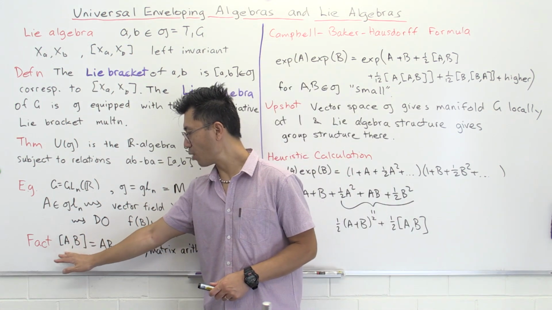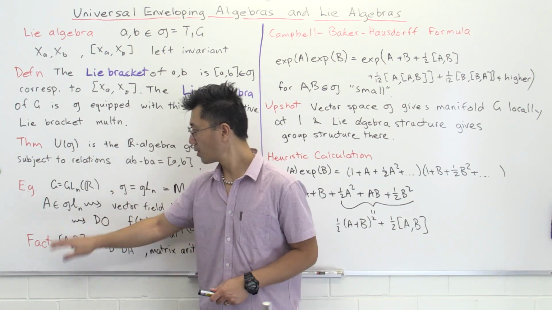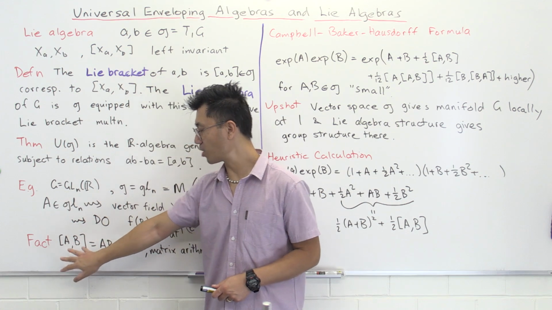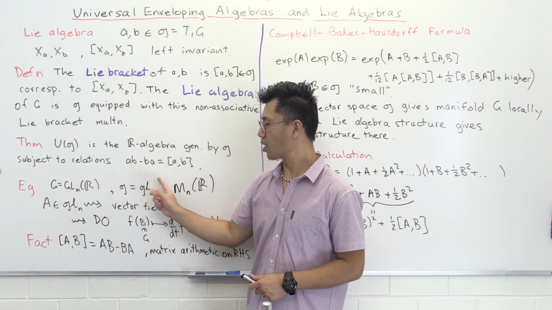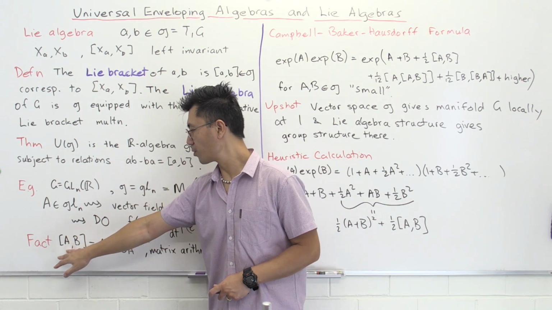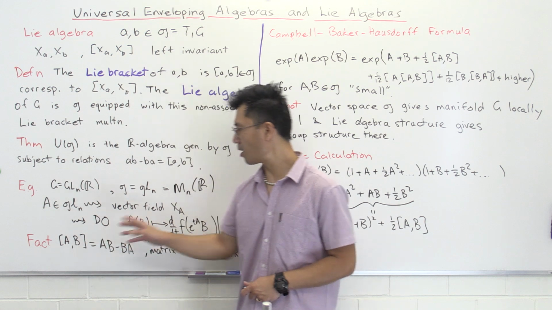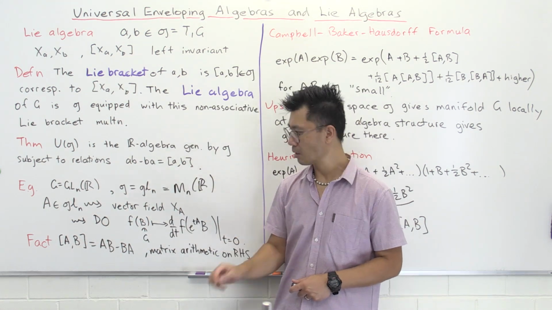So here you want to look at the Lie bracket on this Lie algebra. It's going to be skew symmetric, and of course bilinear over the reals. And you can ask, what is this? It has to be some other element of this Lie algebra, so it has to be an n by n matrix.